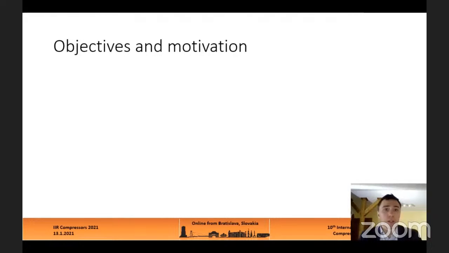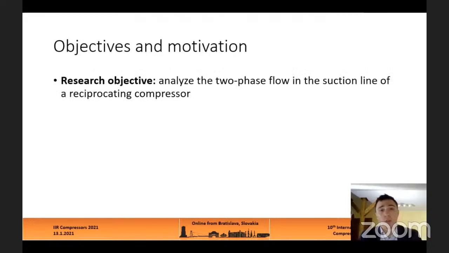So we are getting to the objectives and motivation of this work. As we know that the defrosting cycle is happening regularly in some systems, then we have regularly a mixture of liquid and vapor coming through the suction line into the compression chamber.